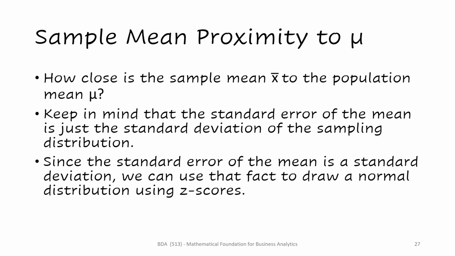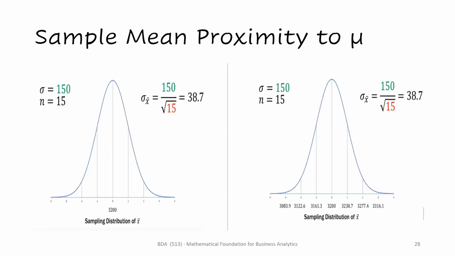So if we have that, we can also determine the difference between the sample mean and the expected value of the mean. We can use z-scores to draw a normal distribution and determine how close the sample mean is to the population mean. So let's see how we go about that.